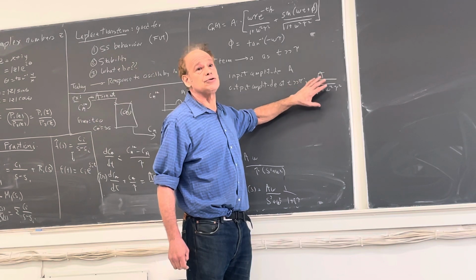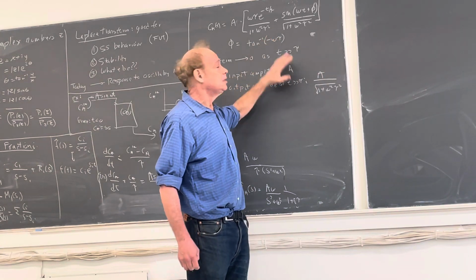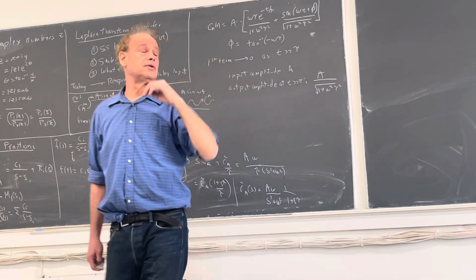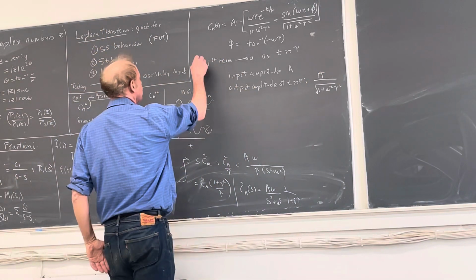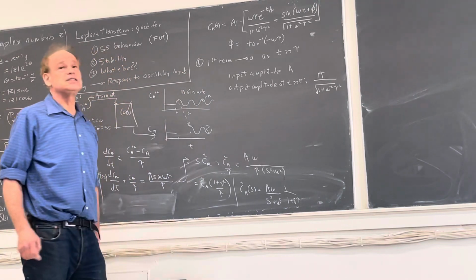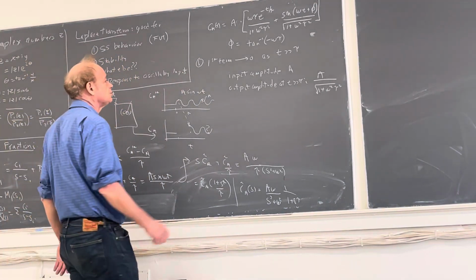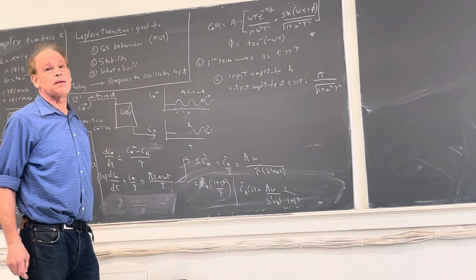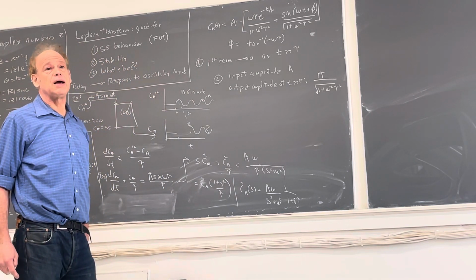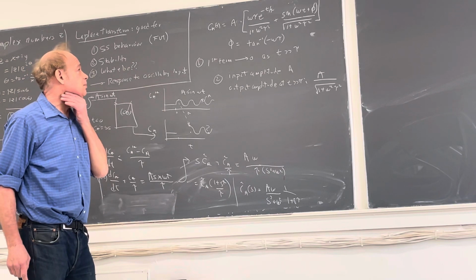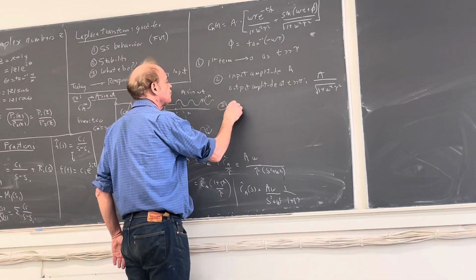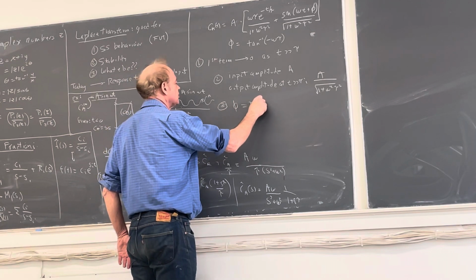So the output amplitude is smaller than the input amplitude. But it could still be big if omega tau is small. So the first thing we learn here in the analysis is the first term goes to 0 as t goes to infinity. The second thing is that the amplitude changes. The amplitude of the output is different from the amplitude of the input. And the third thing, which we noticed already, is this phi is called a phase shift.